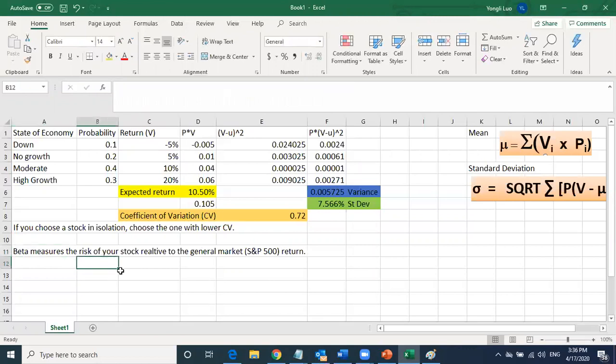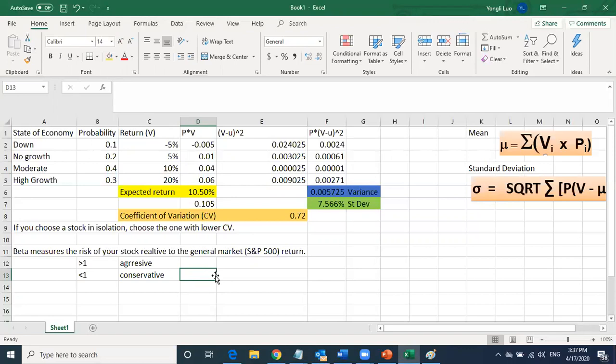If the beta is greater than 1, your stock is called aggressive. If your beta is less than 1, it is conservative. So basically, we can consider your stock in two different groups: aggressive stock or conservative stock.